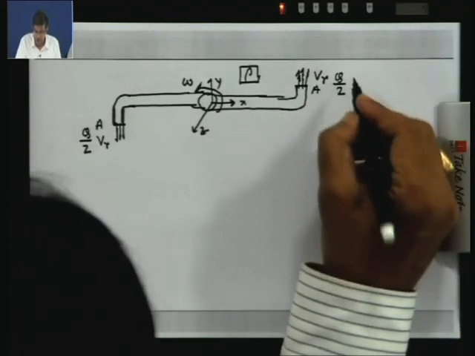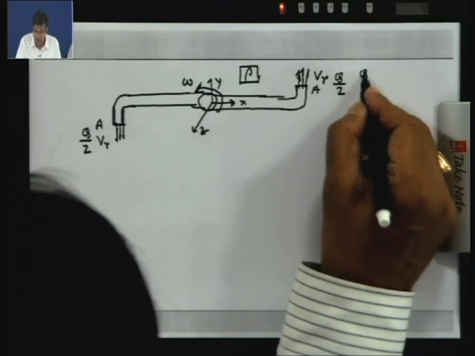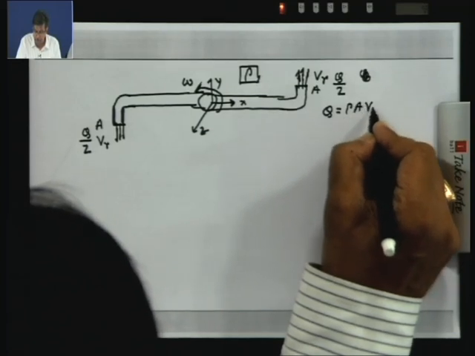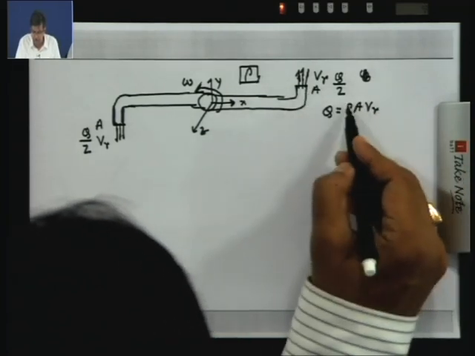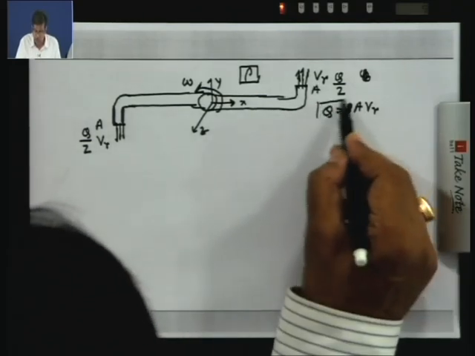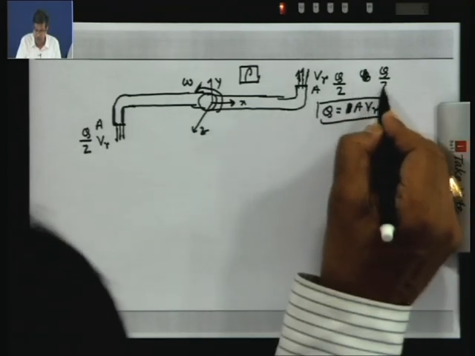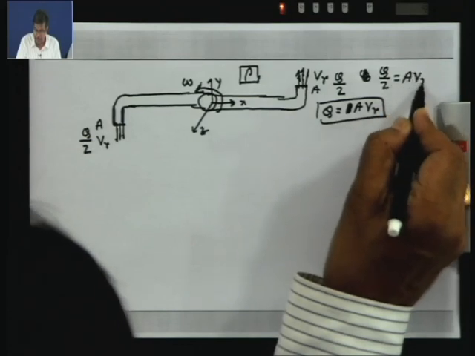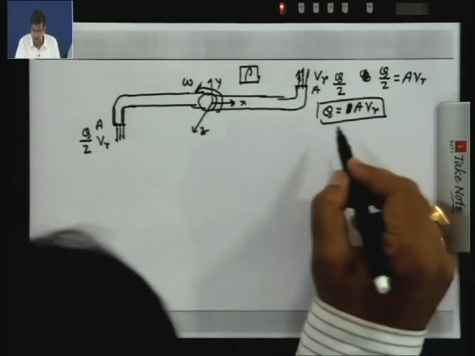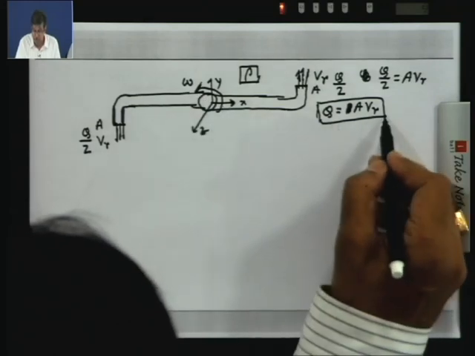So the volume flow rate Q by 2 is A into Vr, and the total Q is A into Vr. That means Q by 2 coming out from one arm is A into Vr, where Vr is the uniform velocity of the jet coming out with respect to this lawn sprinkler. Try to understand, this velocity is with respect to the lawn sprinkler.